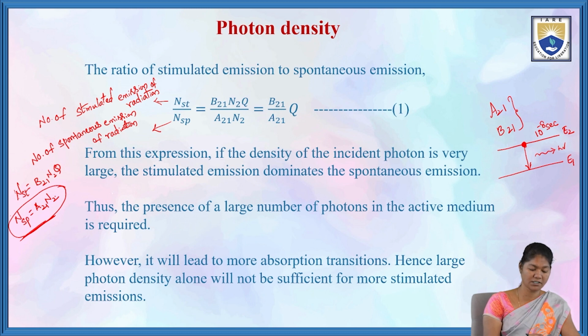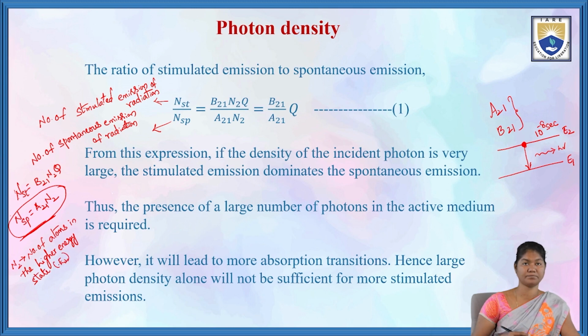N2 is the number of atoms in the higher energy state, that is E2 state.